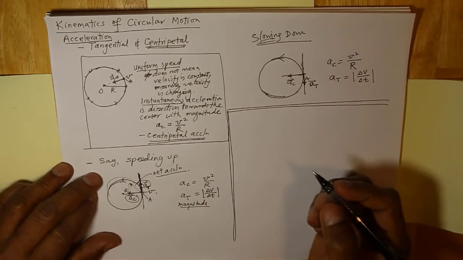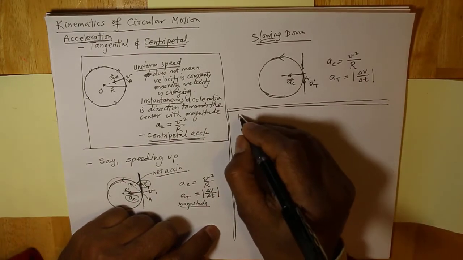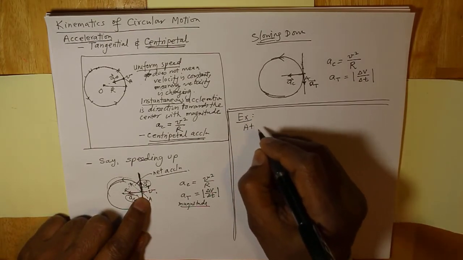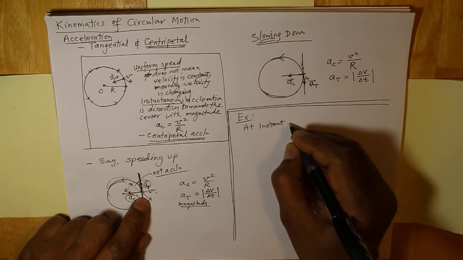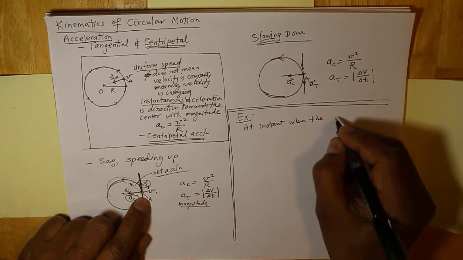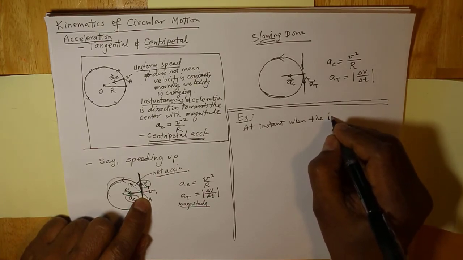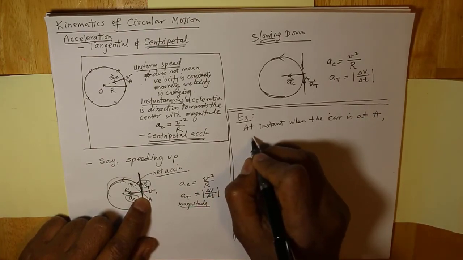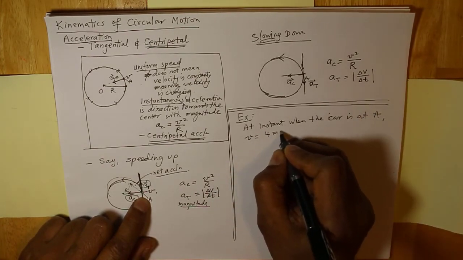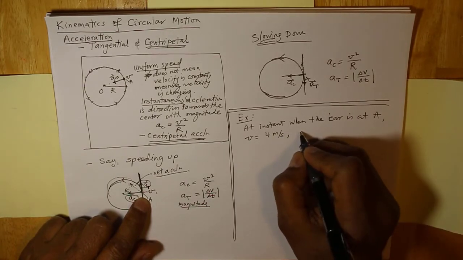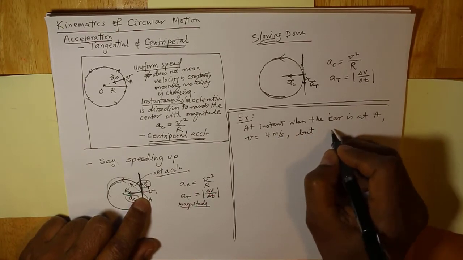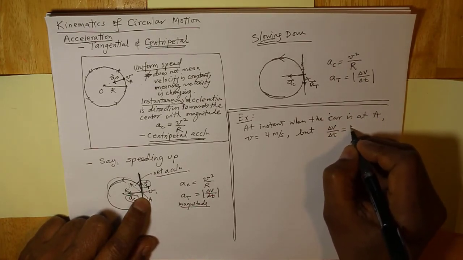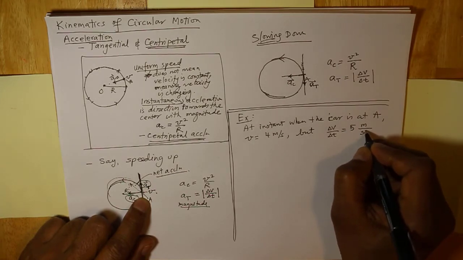Let's look at an example. Say at this instant, this is a car, when the car is at A, v is 4 meters per second, but delta v over delta t is maybe 5 meters per second squared.